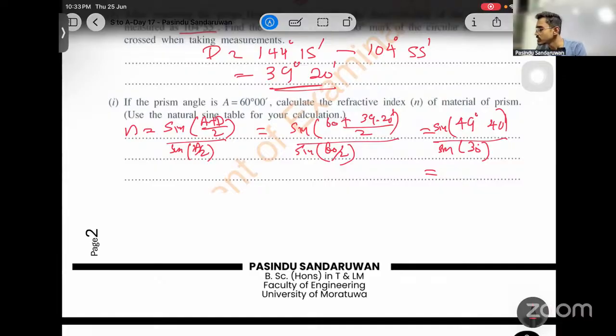It's coming as 0.7622. This is half, so times 2, it is 1.52. Final answer is 1.52. You can also check with the sine table.